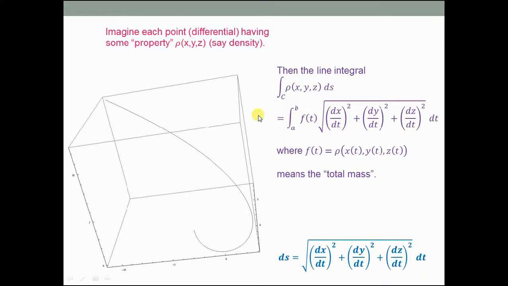So if you insist on using an analogy of density, I imagine the property P as density can have valence, like say good and evil.